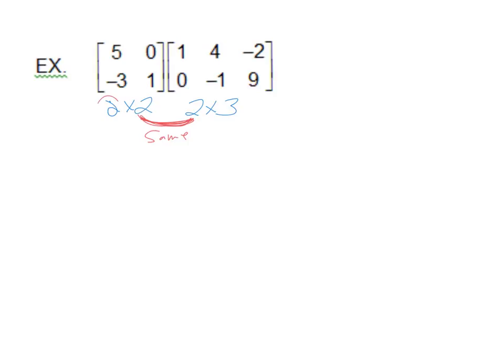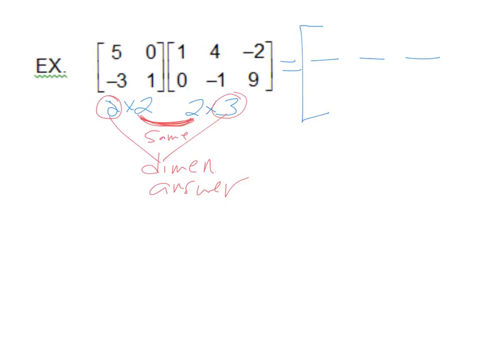And then these outside numbers give you the dimensions of your answer. So our solution will be a 2 by 3 matrix. So I just go ahead and mark up a 2 by 3 matrix and put little blanks where the numbers are going to go.